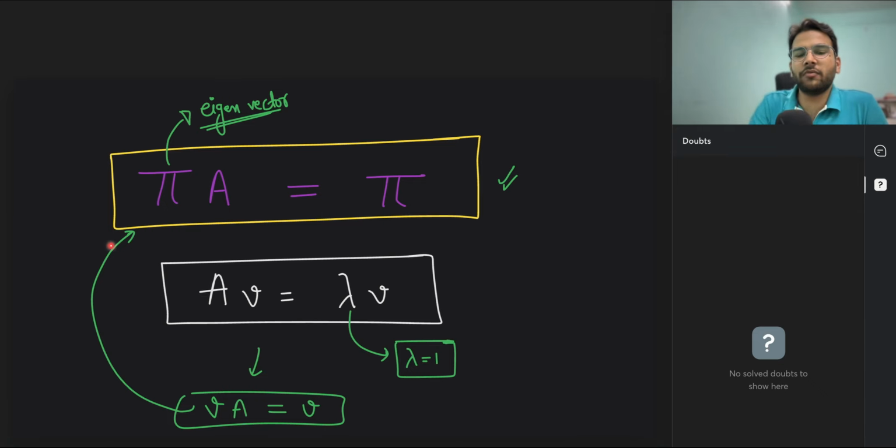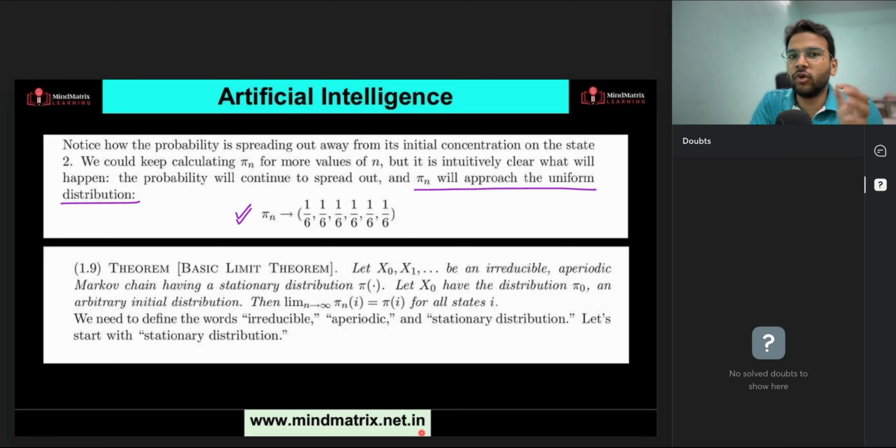So this is what we are saying: once you get this thing after thousands of steps, or let's say n tends to infinity, if you simulate this, you will see that even if you multiply again and again with the pi, you are still going to get it. So that will stabilize. Once it stabilizes, we call it a stationary distribution.